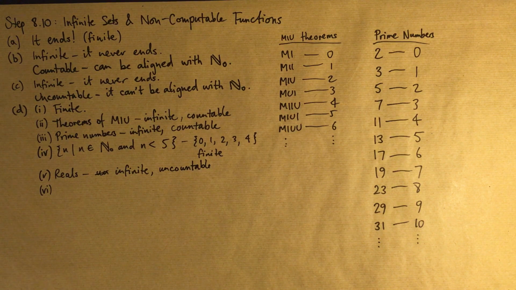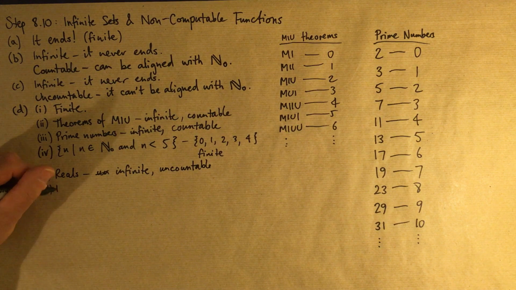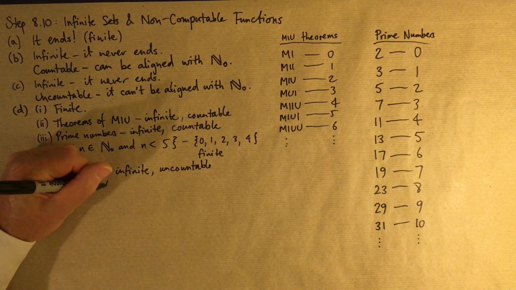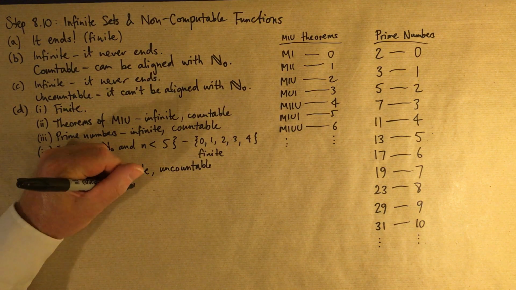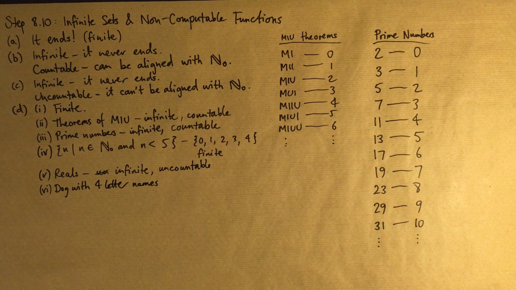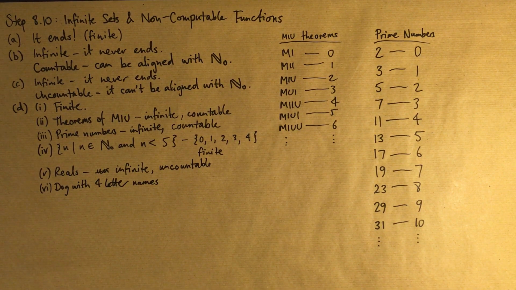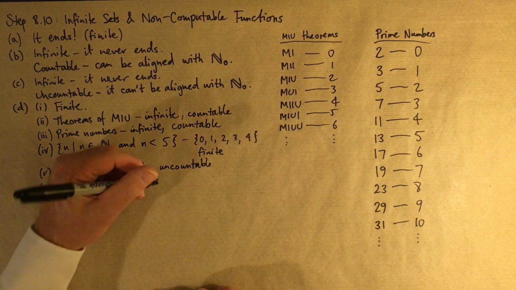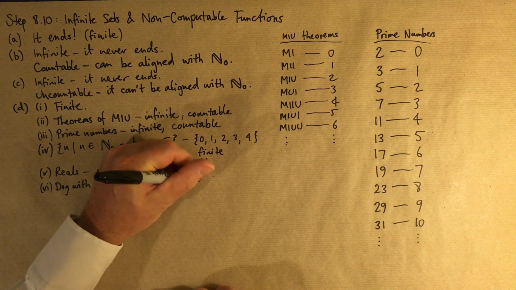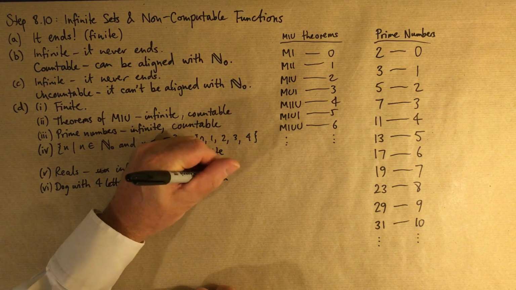Set of all dogs with 4-letter names. Well, here we're assuming that the letters are chosen from a finite alphabet. So that means, let's say there are k characters in the alphabet.